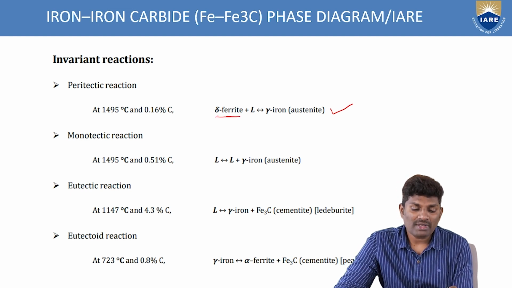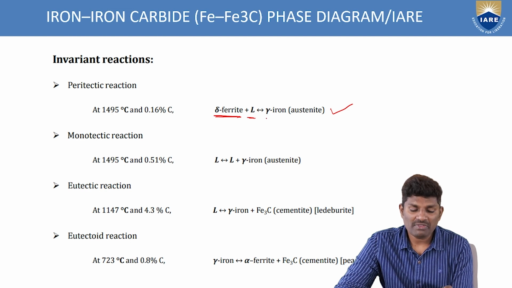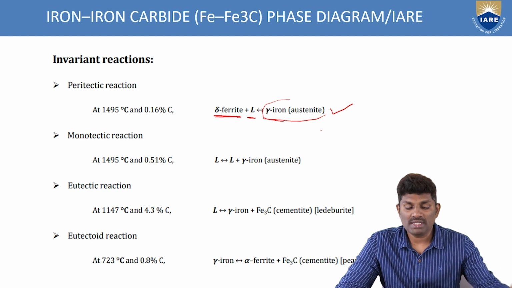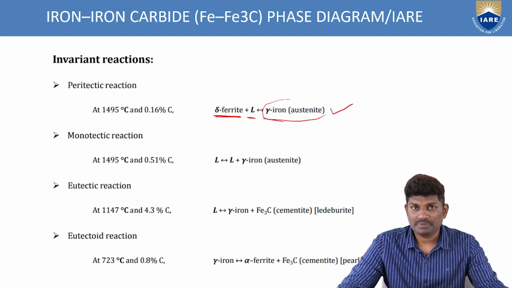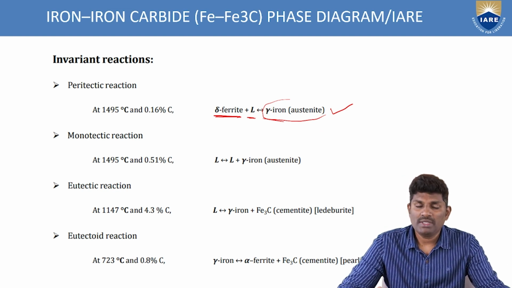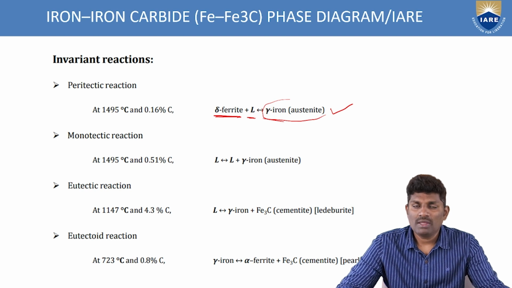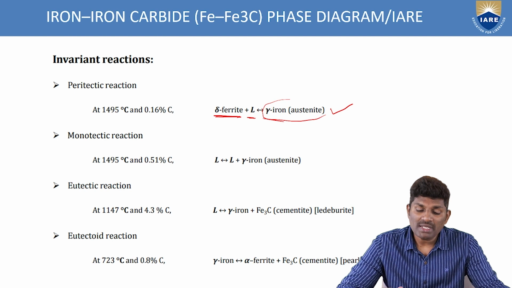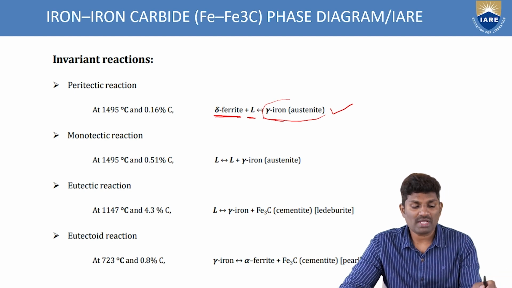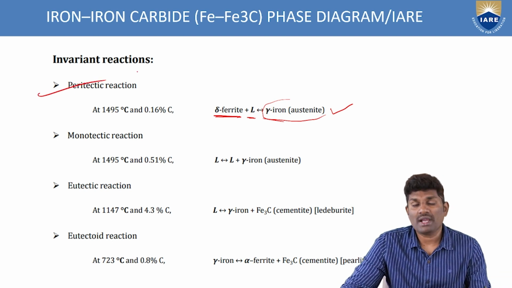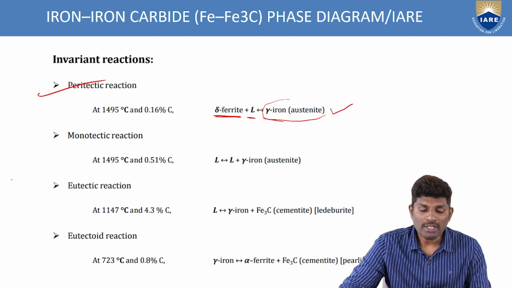From delta ferrite with liquid, which completely converts into austenite, that is gamma iron. So when a solid plus liquid are both there and you cool or heat the system, it converts into complete austenite. That type of reaction is called a peritectic reaction. This reaction can be observed at 1495 degrees centigrade at 0.168 percent carbon.